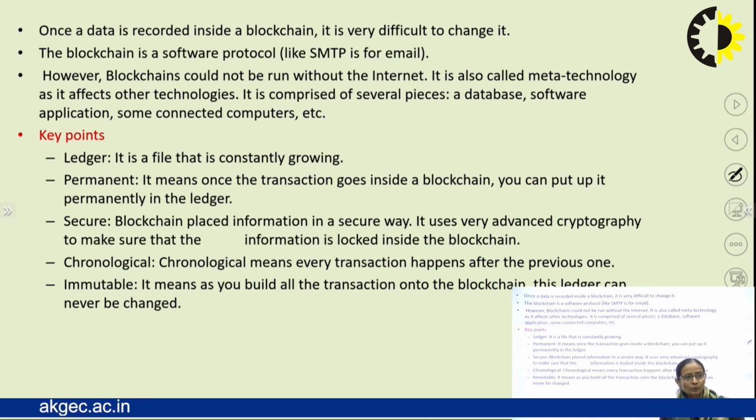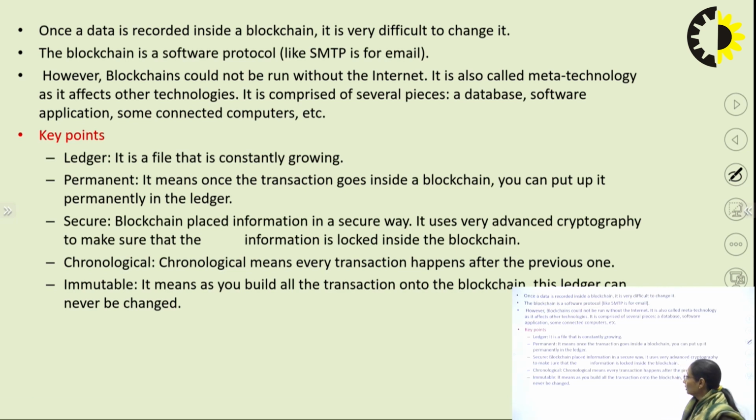So what are the key points we have observed so far? First thing, it is a ledger. That is, it is a file that is constantly growing. Another important thing, it is permanent. It means that once a transaction is written in a blockchain, it permanently resides there. Secure, that is, blockchain places information in a secure way.